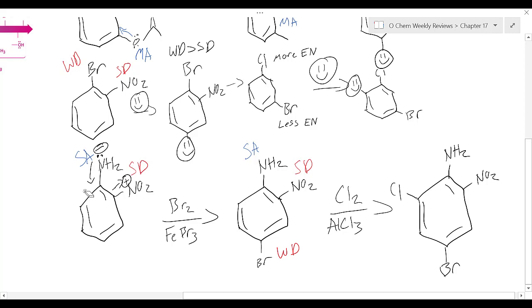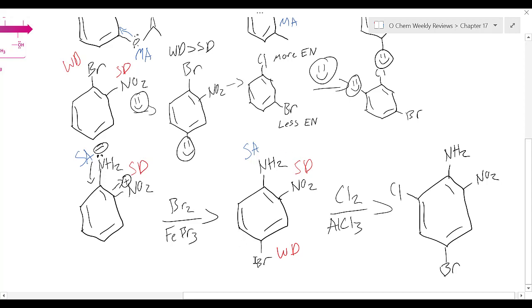That's a strong activator. This is a strong deactivator. So Br2 FeBr3 is going to add a bromine para to my activator, and I see para is unoccupied, so it's going to slot in right over there. Now I have three substituents: a strong activator, a strong deactivator, and a weak deactivator.